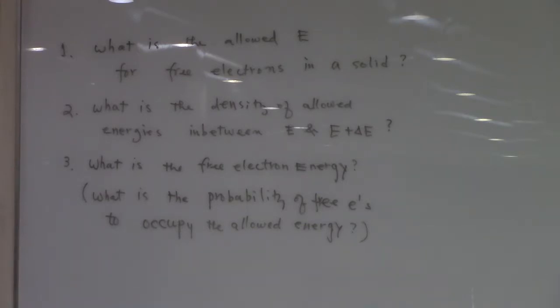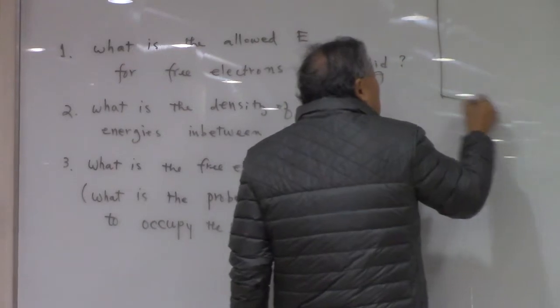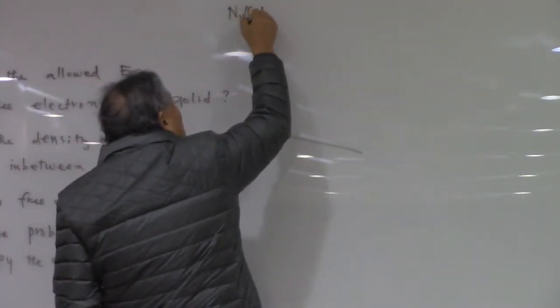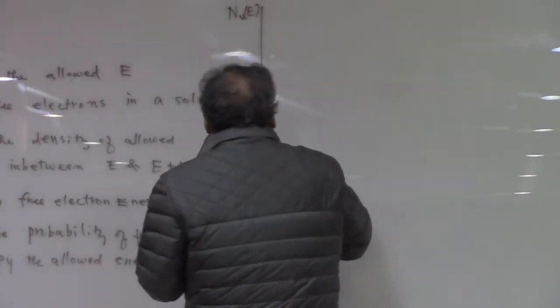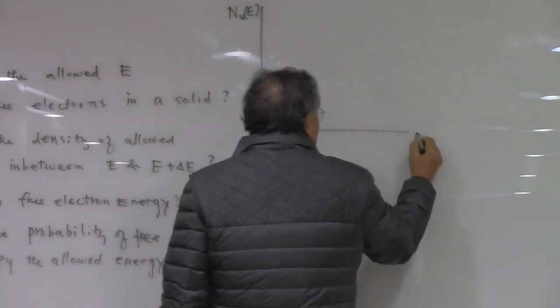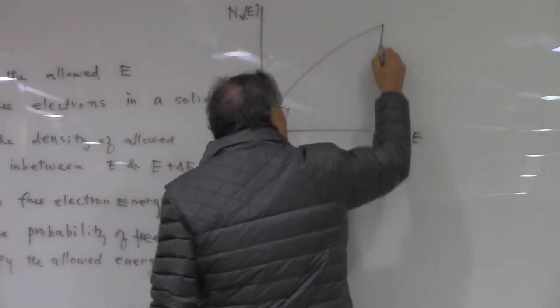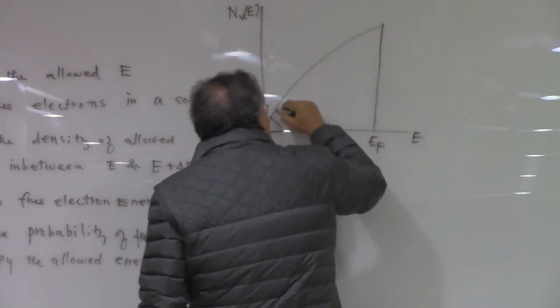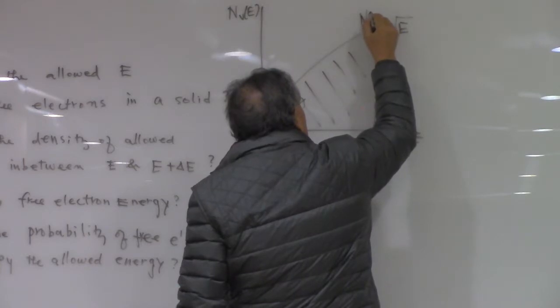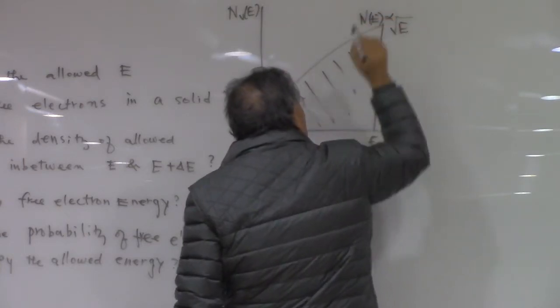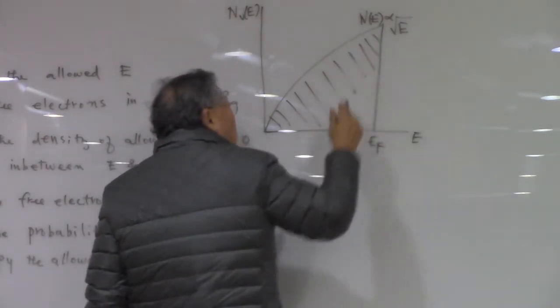we have seen last time that the allowed energies per volume, allowed energy density, is proportional to square root of energies. Something like this, right?